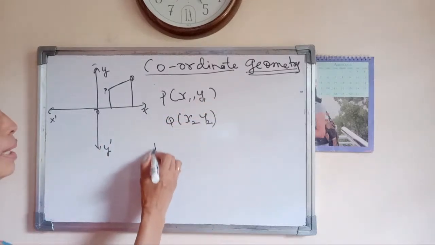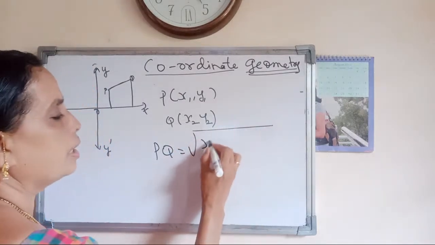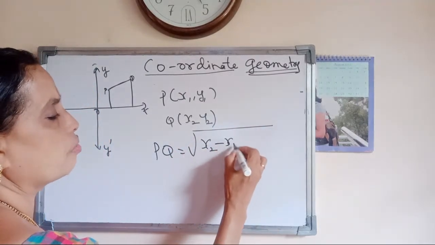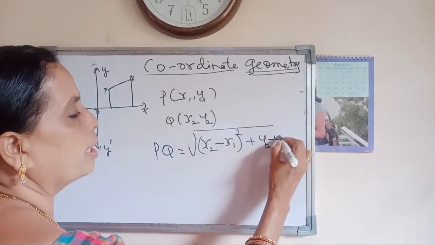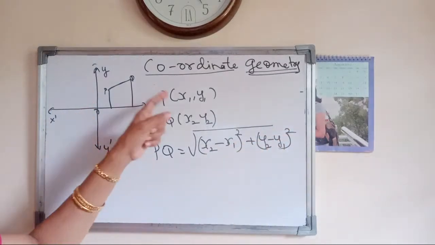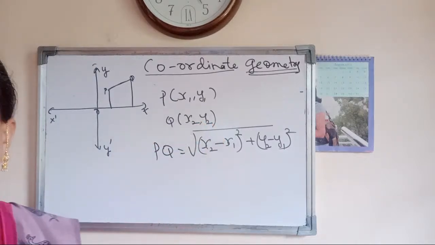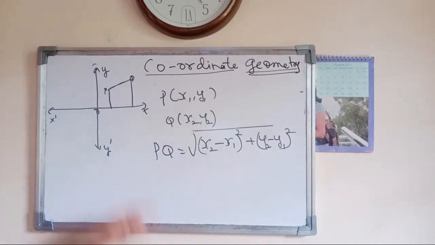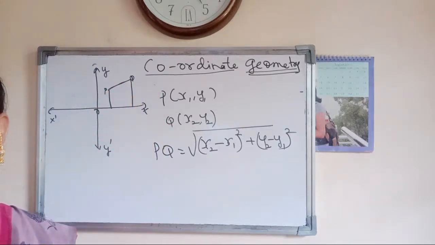That is PQ equals root of x2 minus x1 whole square plus y2 minus y1 whole square, where x1, y1 and x2, y2 are the ordered pairs of the points P and Q on a Cartesian plane.